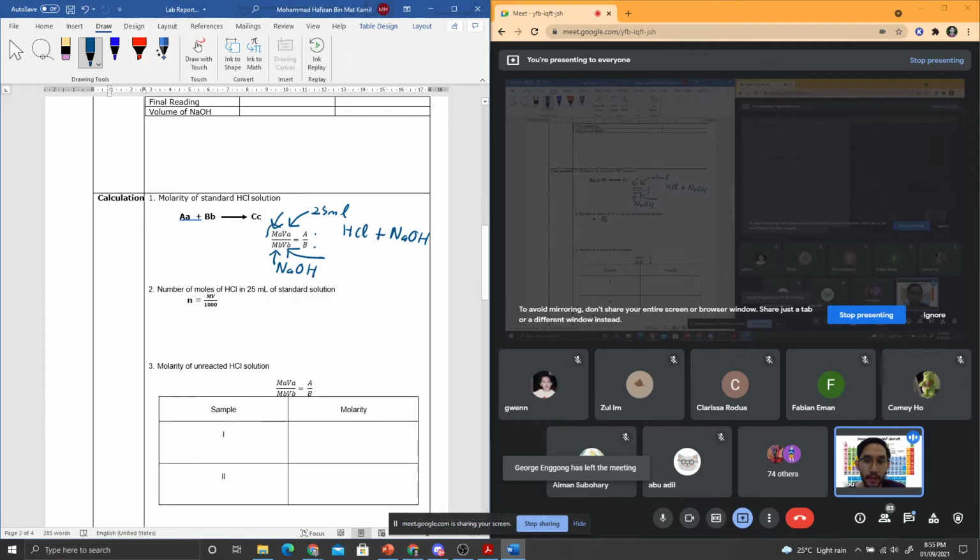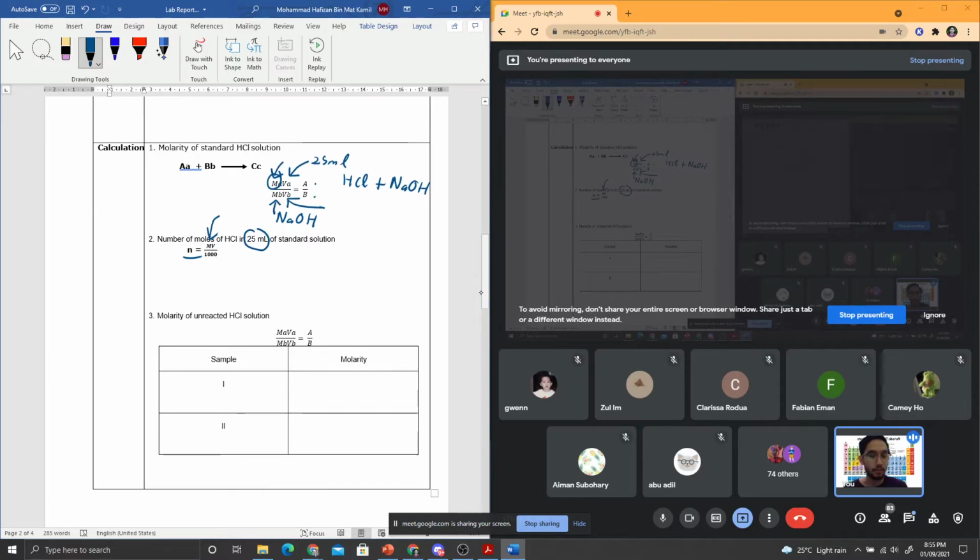And then once you have the molarity and the volume, can you find the moles? I already gave the formula. So supposedly you can find the moles of HCl we have, the initial HCl. Okay, that's good. We now know the moles of the HCl that we have.